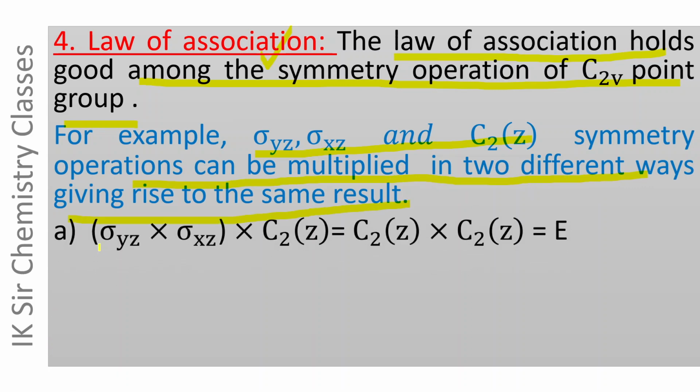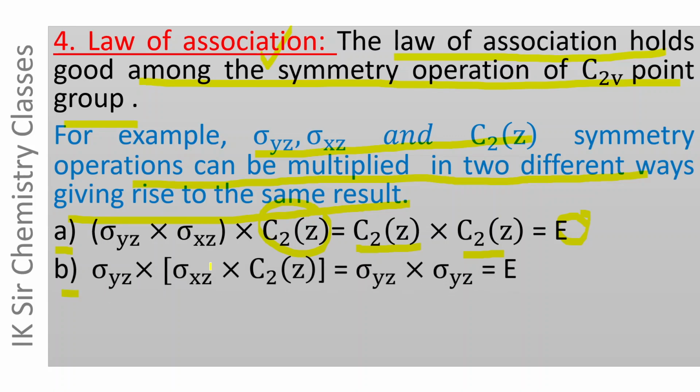In the first method, A, first of all, sigma yz and sigma xz are multiplied, whose result is C2z, and this C2z is then multiplied by this C2z, and the net result is E. In another way, B, first of all, sigma xz and C2z are multiplied, whose result is sigma yz, and this sigma yz is multiplied by this symmetry operation. Sigma yz into sigma yz is equal to E.